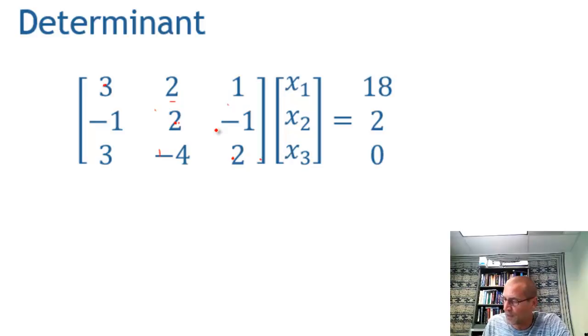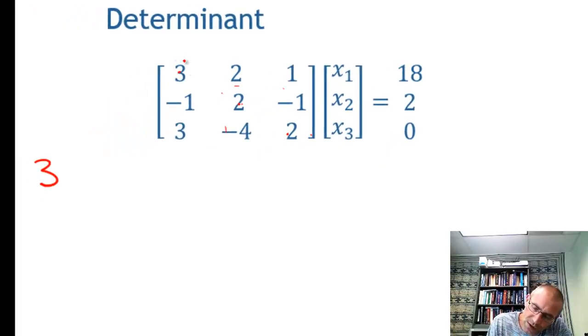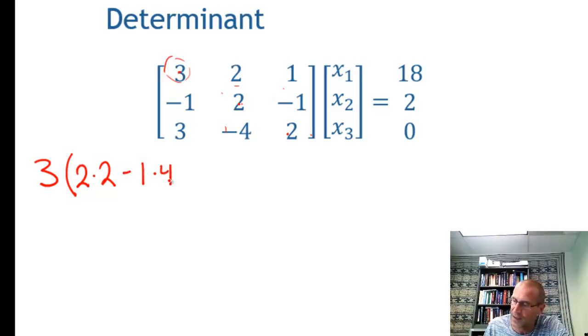So, for example, let's determine the determinant of this whole matrix. I'm going to take 3, which is this value up here in the upper left, and multiply that by the determinant, which would be 2 times 2, and then I'm going to subtract minus 1 times minus 4, or I'll just do 1 times 4, and let those two minuses cancel out. So there's my first term, and I'm going to keep adding.